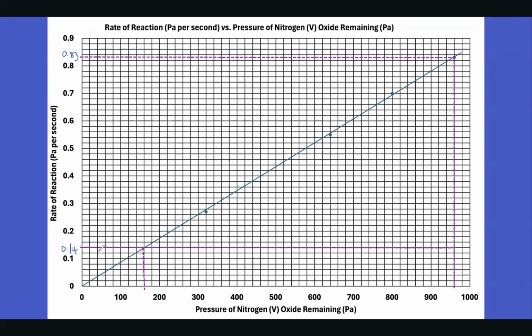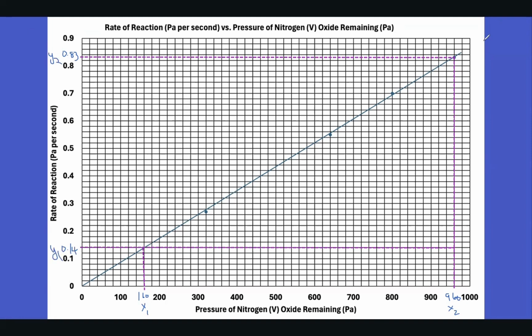Right? When I came across here, I got 0.14. And so when I came down for that point up there, I found that my pressure at this corresponding point was 960. And then I found that the pressure at this corresponding point for the lower part of my triangle was 160. So this 160 is my x1. This 960 would have been my x2. This would have been my y2, and this would have been my y1.